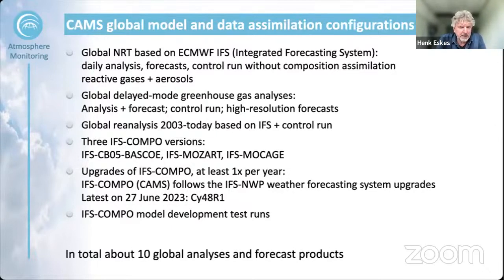One is based on chemistry taken from the EMEP model, and one on chemistry taken from the MOCAGE model. We don't look so much at those flavors, but those are still being developed, and they give the possibility for ensemble evaluations within IFS itself.